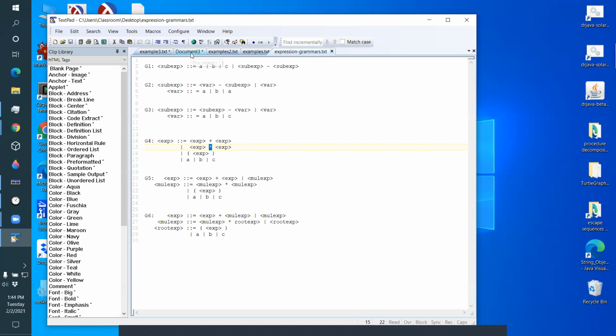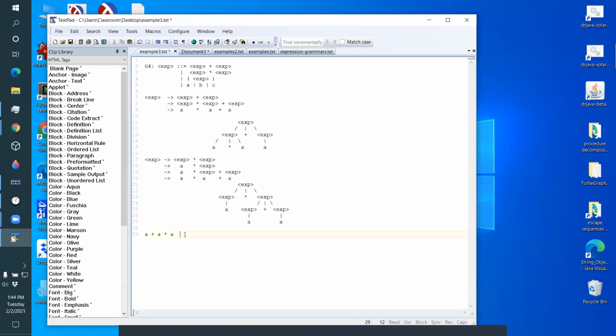Like if I go back over here to the G4 example, if I try A plus B plus C, this grammar is going to let me expand that two ways, as left to right or right to left. So this grammar has got multiple problems.